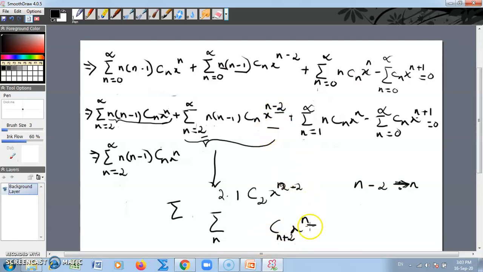That means this is 2 more than that, so this was n, this must become n plus 2, but for the term to remain the same, I must start from n equal to 0. So when I put n equal to 0, what is the first term here? To see this, we'll just write it and see if both give the same expression or not. Let us see.